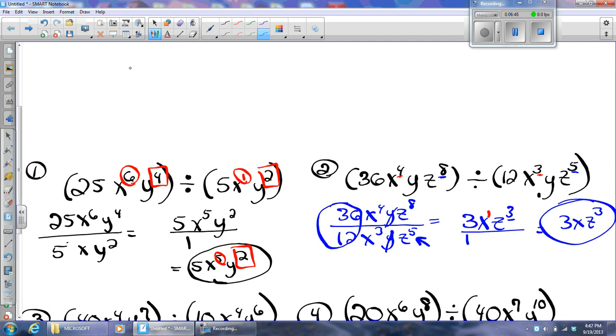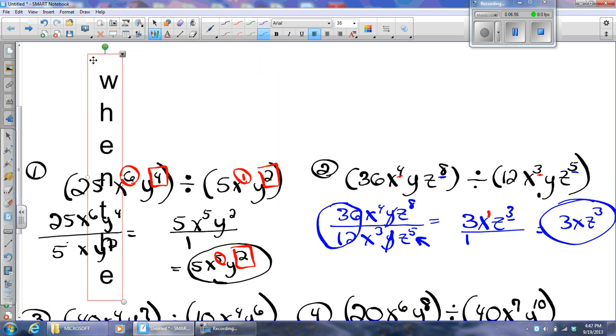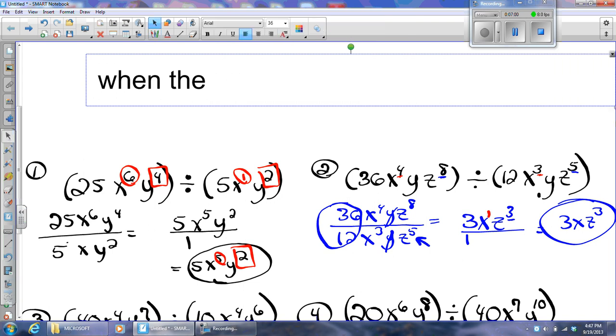What rule can you make? Well, when the bases are the same, what is going on? My smartboard is possessed, or my computer. Hold on a second. That's pretty crazy. I didn't intend for that to happen. There we go.